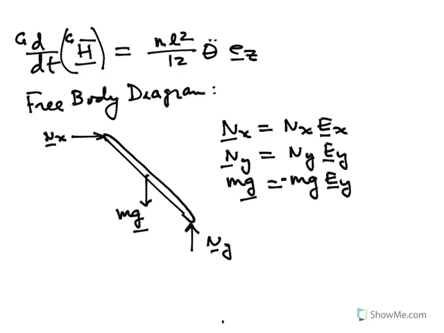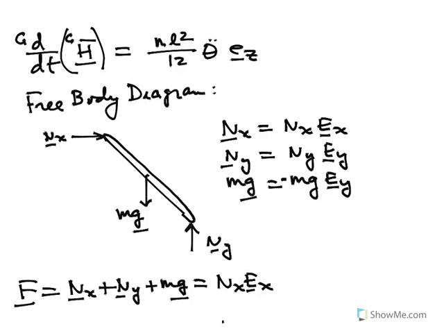So now we can first write Euler's first law. The force is equal to N sub x plus N sub y plus mg, which is equal to N sub x Ex plus N sub y Ey minus mg Ey.